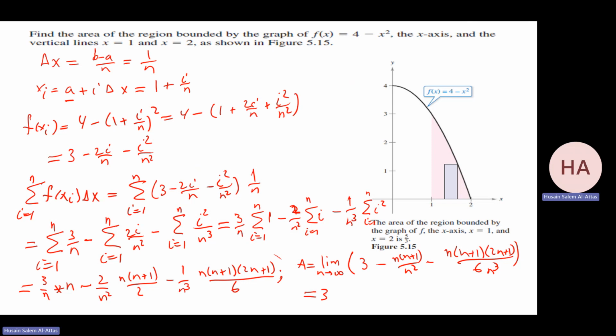You get what? 3 to the same degree, 1 over 1, which is 1. Here I have what? What is the highest coefficient? It will be 2n times n times n, 2n cubed over 6n cubed. This is what I need, the leading coefficient in the numerator over the denominator, which is minus 2 over 6. That will be what? 3 minus 1 over 3, which is 5 over 3, which is the same answer. That will be the area.